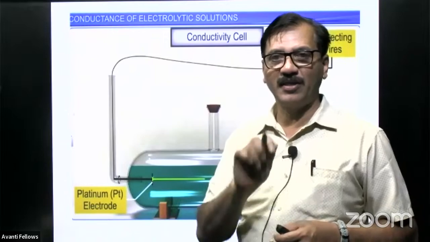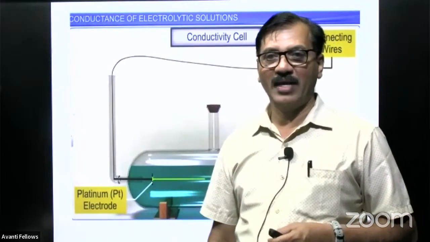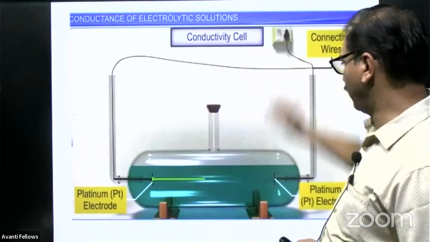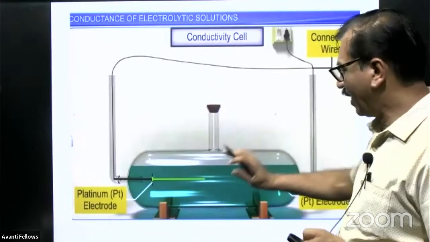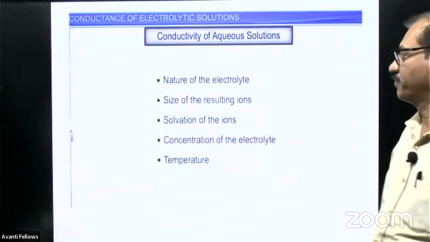Otherwise, if it is a DC current, then it will be an electrolytic cell. Therefore we have to apply AC current. So this is the arrangement to measure conductivity.